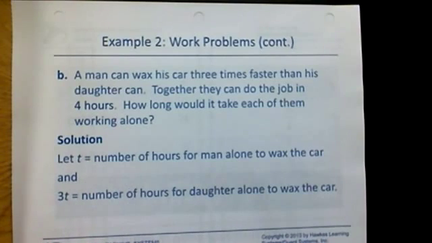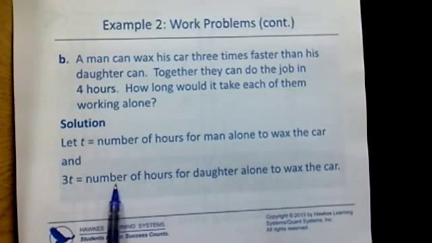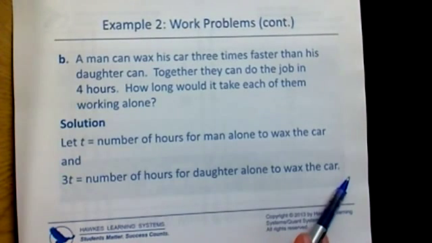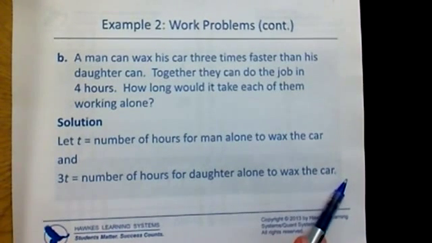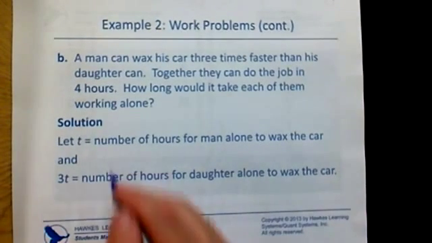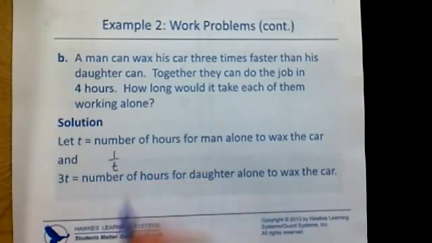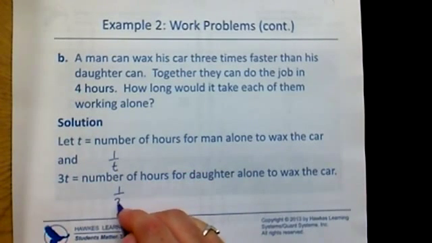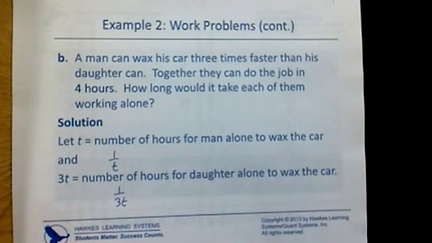So let T equal the number of hours the man alone will work on the car, and 3T the number of hours his daughter can work on the car. So what comes out of this piece? We end up with 1 over T and 1 over 3T if you break it down in hours.